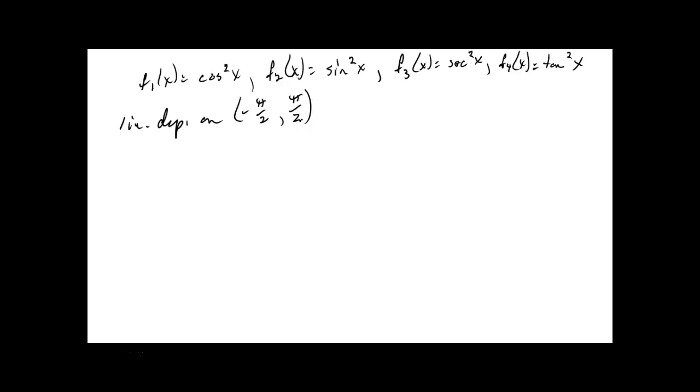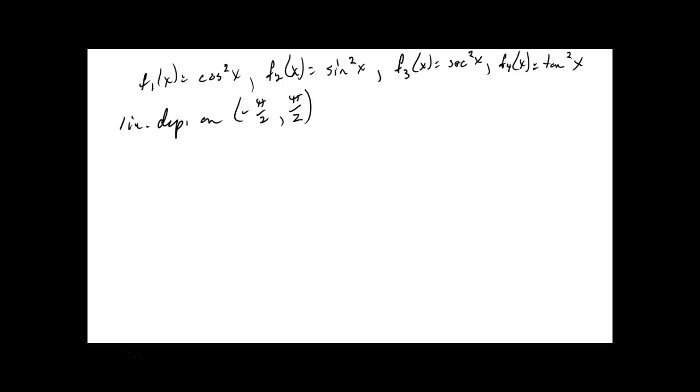Now, why did they choose that interval, do you think? Could they have chosen a bigger interval? Any ideas? Secant and tangent are not defined at negative pi halves or pi halves.